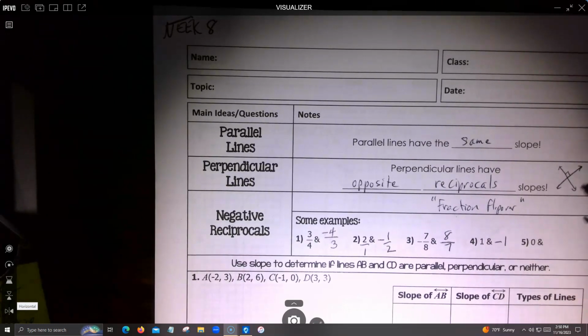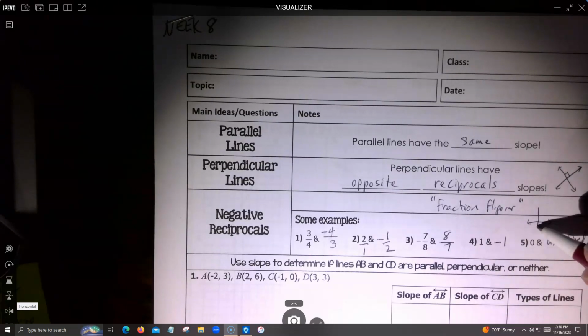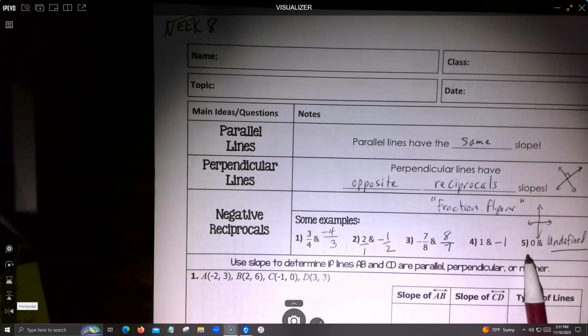When you get a slope of 0, the perpendicular slope is going to be what's called undefined. Because if you have a slope of 0, that means you have a horizontal line, and if you're going to be at a 90-degree angle, then the other line is going to be a vertical line. And a vertical line has a slope that's undefined, or some people call it no slope, as opposed to 0.